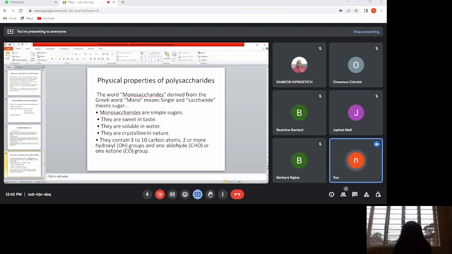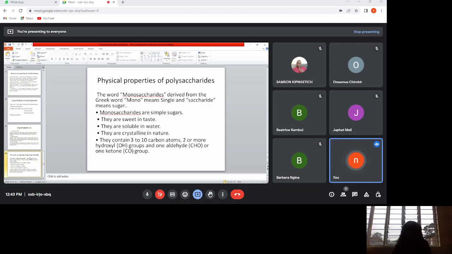And then we have physical properties. We are dealing with the monosaccharides, so we should talk of the physical properties of monosaccharides. The word is derived from the Greek words mono, meaning single, and saccharide, meaning sugar.